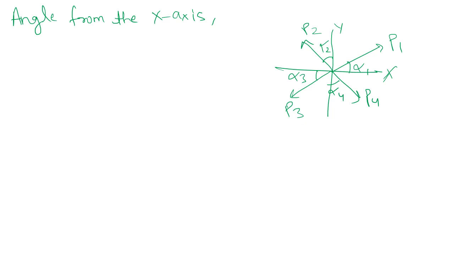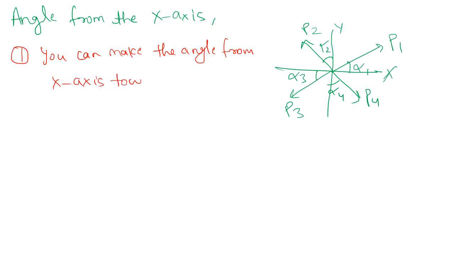So there are again two points that you have to notice here. First point, you can make the angle from the x-axis towards the anti-clockwise direction. So you can simply take the angle as 90 degrees here, 180 degrees here and 270 degrees here.